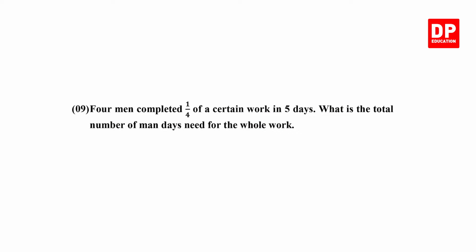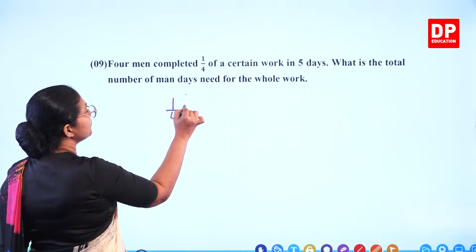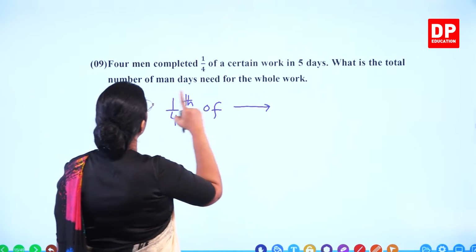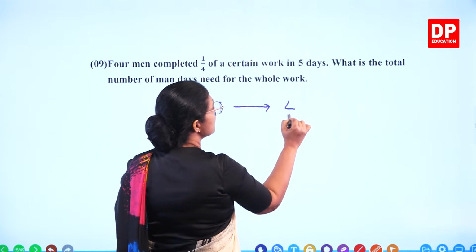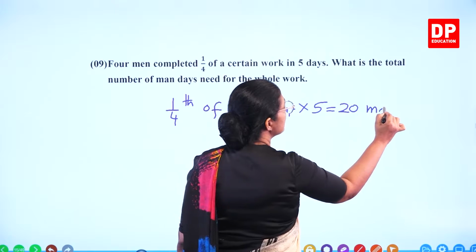Question number 9. 4 men completed 1/4 of a certain work in 5 days. What is the total number of man days needed for the whole work? 1/4 of work. How many man days needed? 4 men, 5 days, 4 times 5, 20 man days.